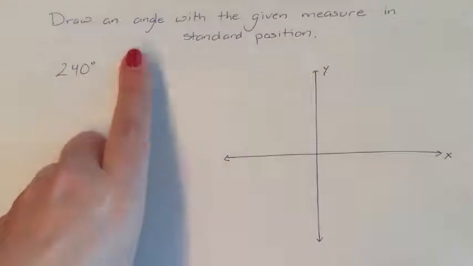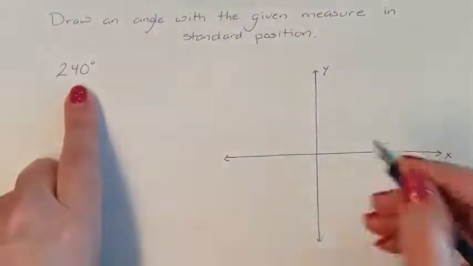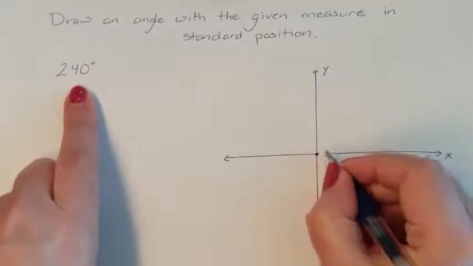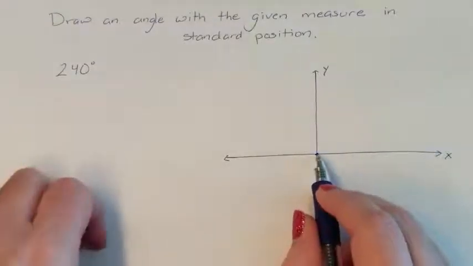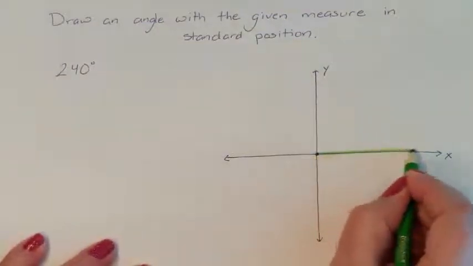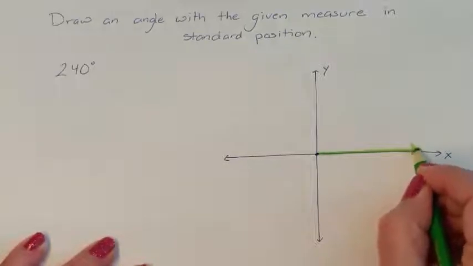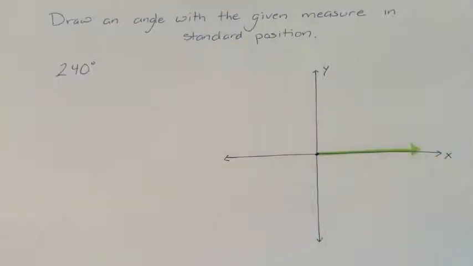So they want me to draw a 240-degree angle in standard position. What that means is that the origin is at the vertex and our initial side is definitely going to be right here on the x-axis. Now I've got to figure out where my terminal ends.